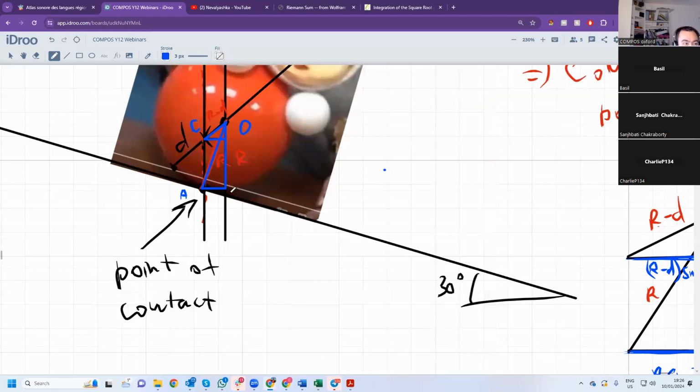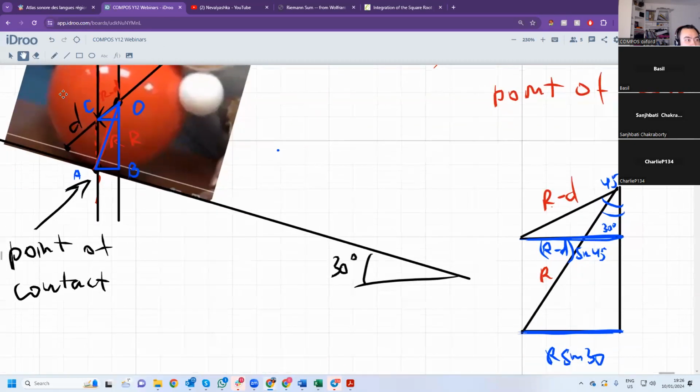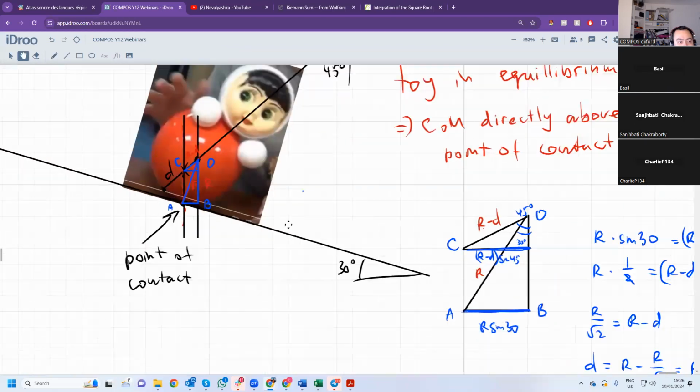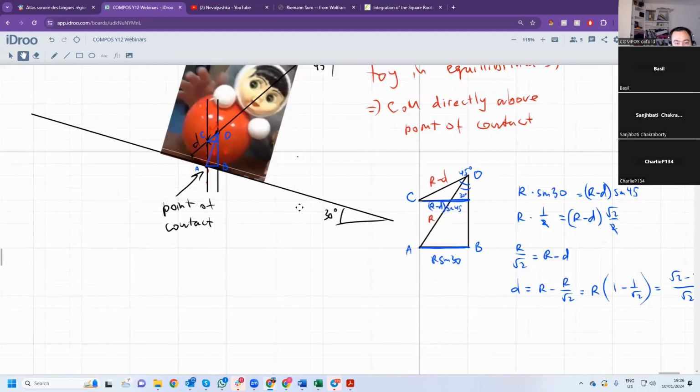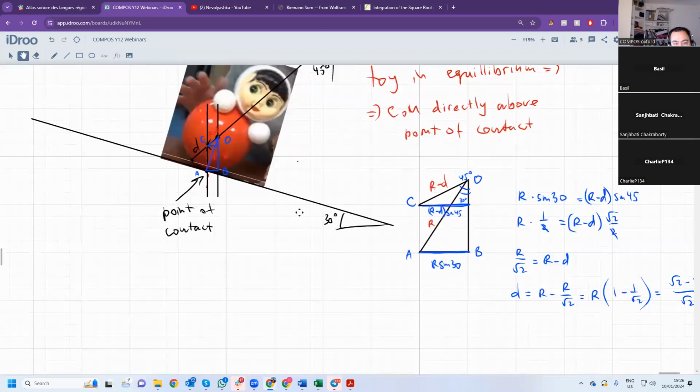This is C, and this is B. This is A, this is C, this is O, this is B. I really hope that makes some sort of sense.